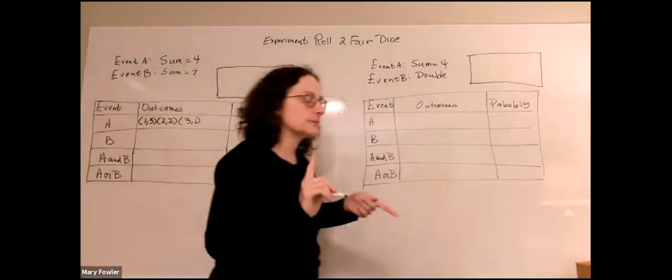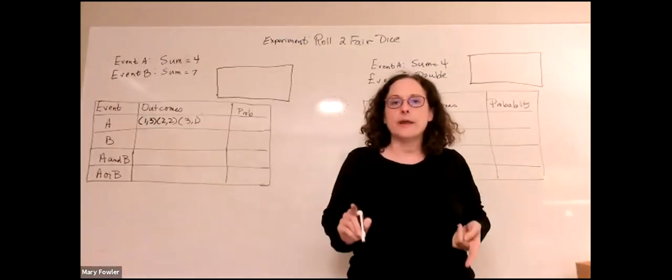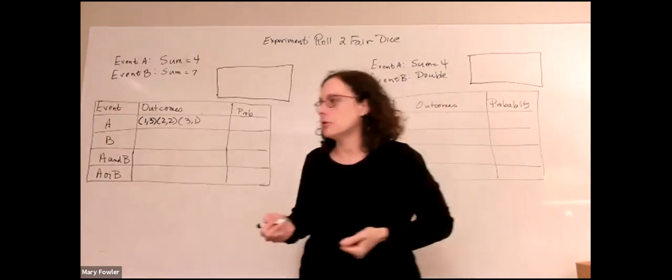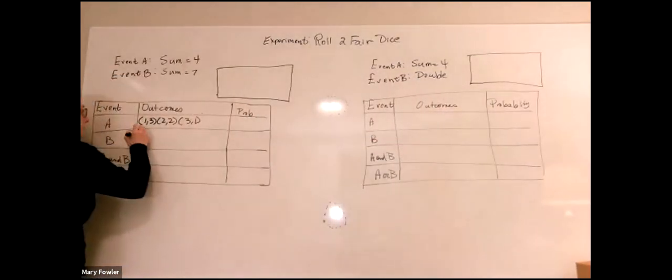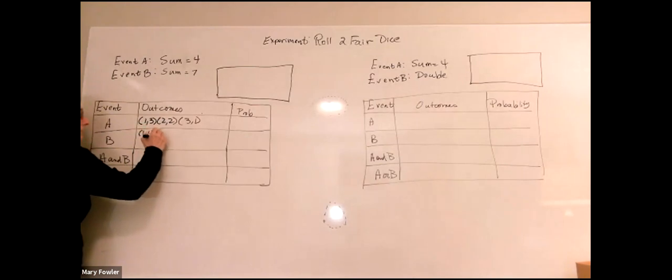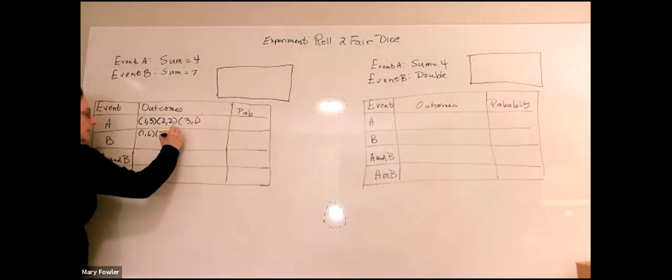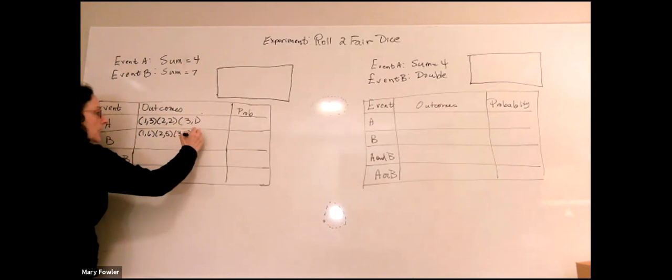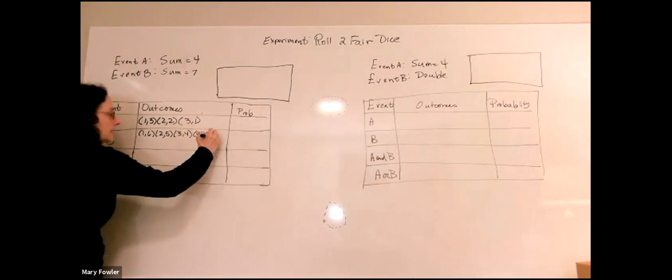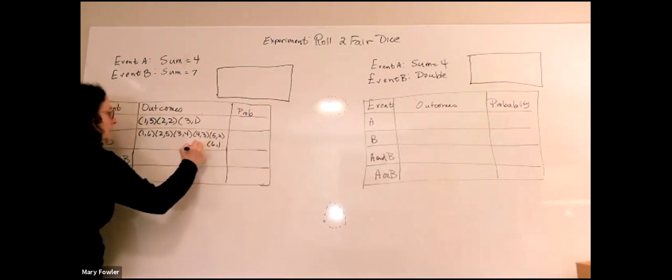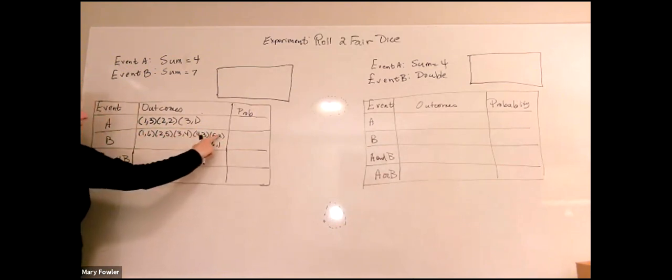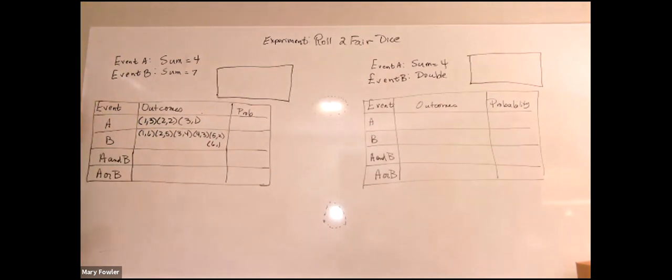And we're going to similarly list the ways that we can get a 7 if we roll 2 dice. So that would be a 1 and a 6, a 2 and a 5, a 3 and a 4, a 4 and a 3, a 5 and a 2, and a 6 and a 1. So 1, 2, 3, 4, 5, 6. That's what I remember from last time.